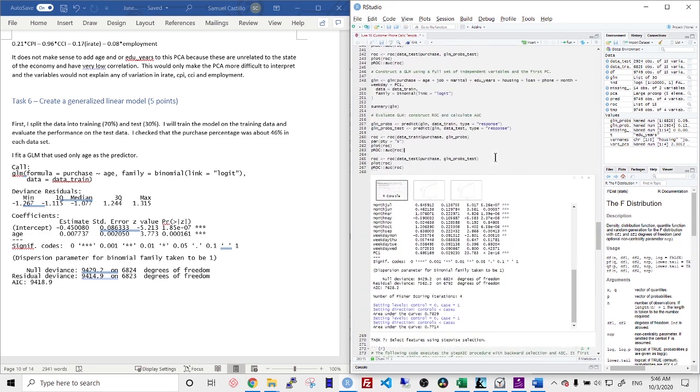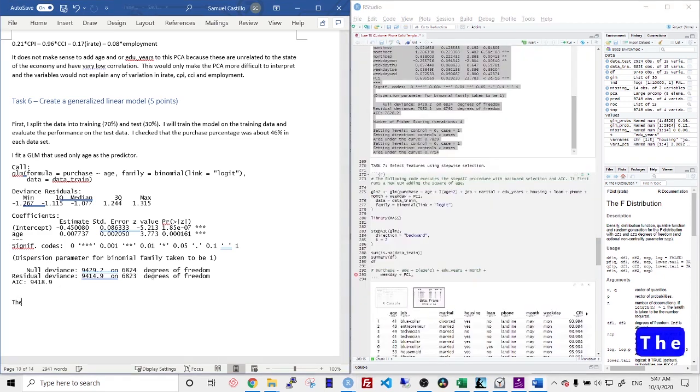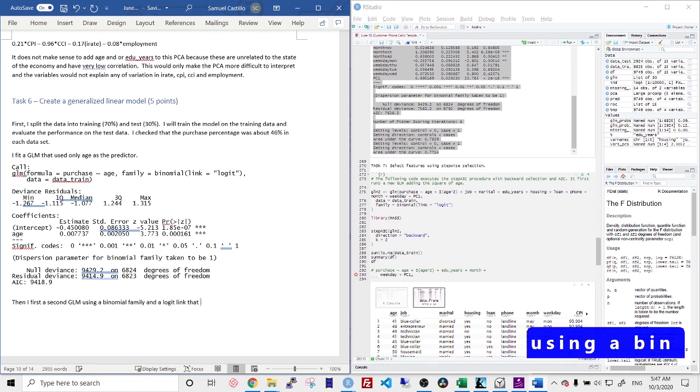And then I'll just copy the results into the document. Then I fit a second GLM using a binomial family and a logit link that included all of the variables except for the economic variables, which used the principal component instead.